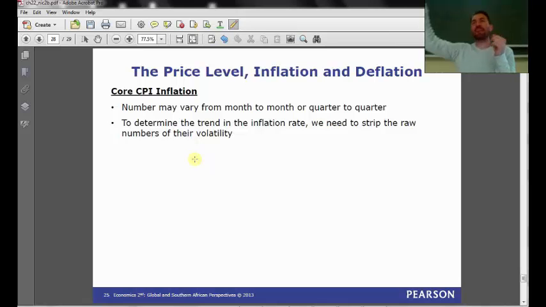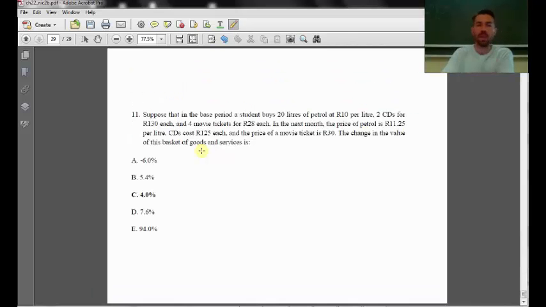But at the end of the year, they might revise their data and say, actually, it was only 5.4%. Or actually, it was really 5.8%. Okay? So over time, there will be adjustments for volatility that was not accounted for in the original estimates. And that brings us to the end of a discussion on CPI.